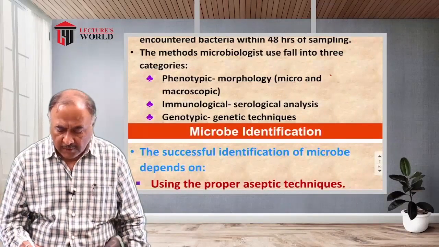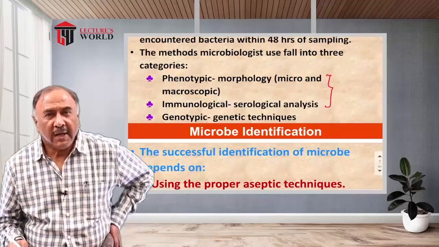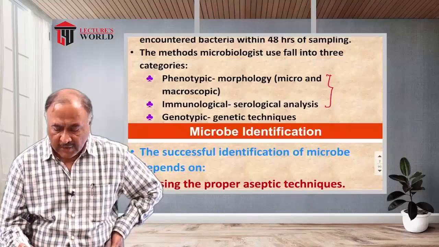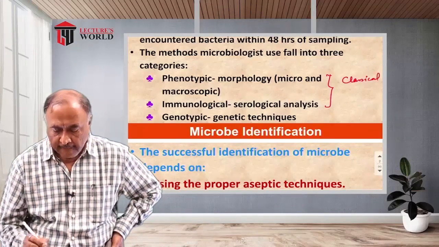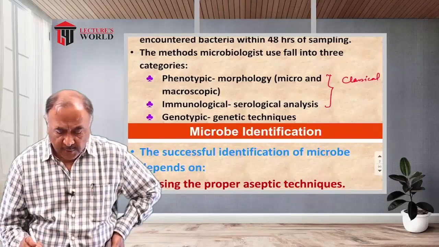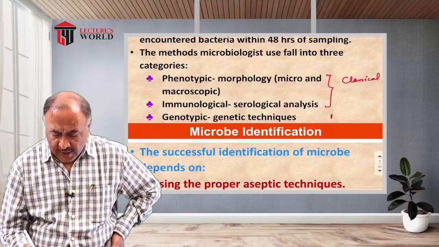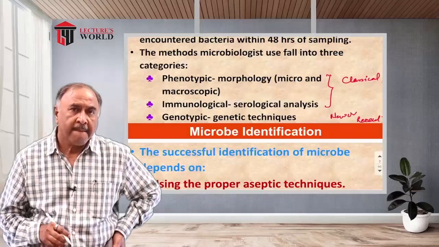Out of these three, the first two techniques are many times known as classical methods for identification of bacteria, while the genotypic or genetic techniques are the newer methods or recent techniques.